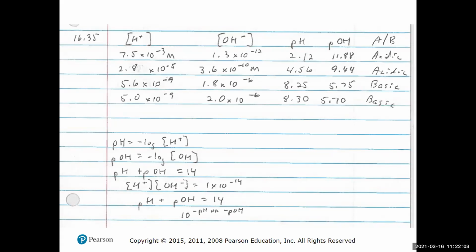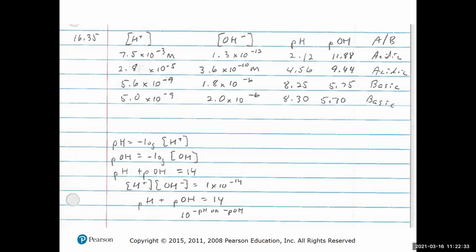You can get the OH concentration, there's several ways you can do this, but one is, if you've got a hydrogen ion concentration, you know that times the OH concentration is 1 times 10 to the minus 14. So you kind of get a feel for it. If you were given the pH, then you could find pOH pretty quickly. You take the antilogs of those to get the concentrations, and that's at the bottom of this problem I have worked out.